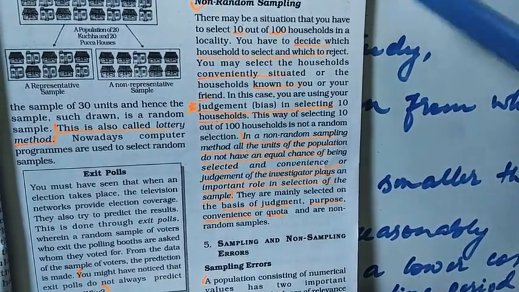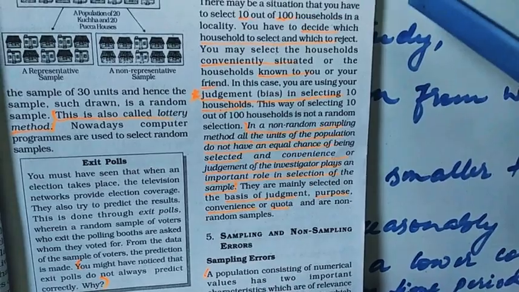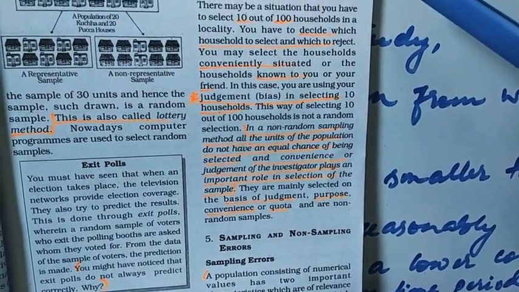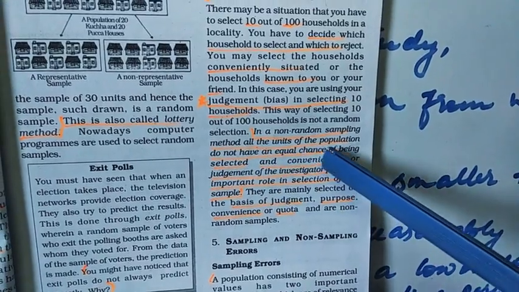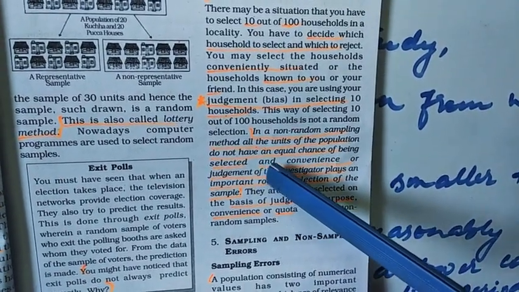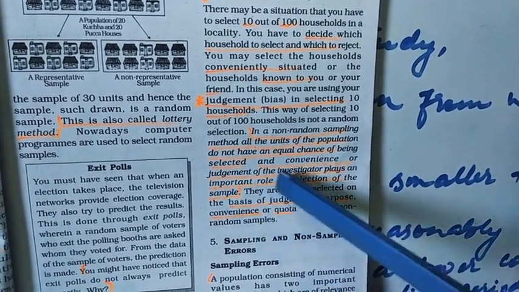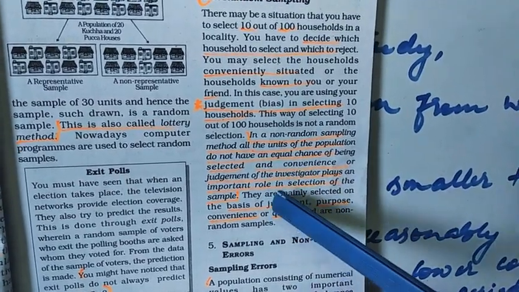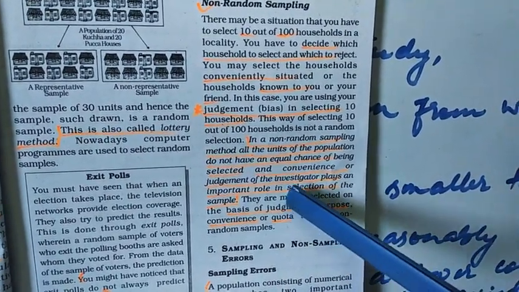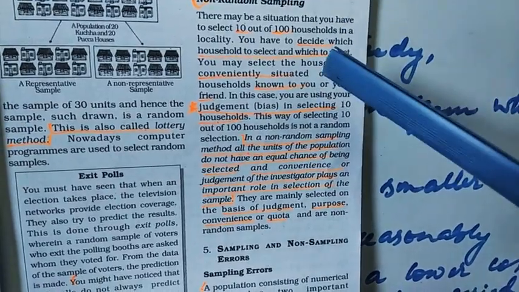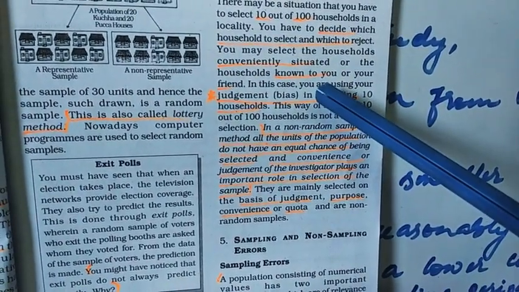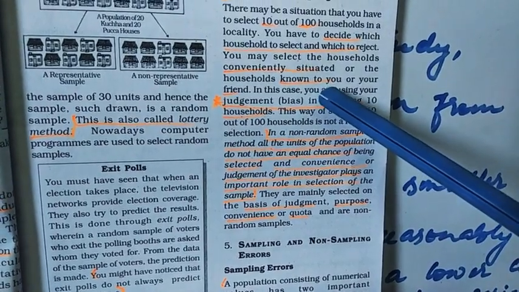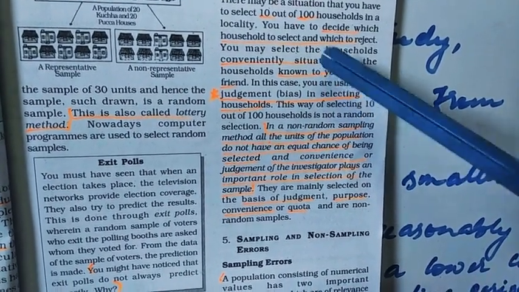So in a non-random sampling method, all the units of the population do not have an equal chance of being selected. And the convenience or judgment of the investigator plays an important role in the selection of the sample. Since you are using your judgment and your convenience, you are going to select someone who is close to you, who is more convenient for you.